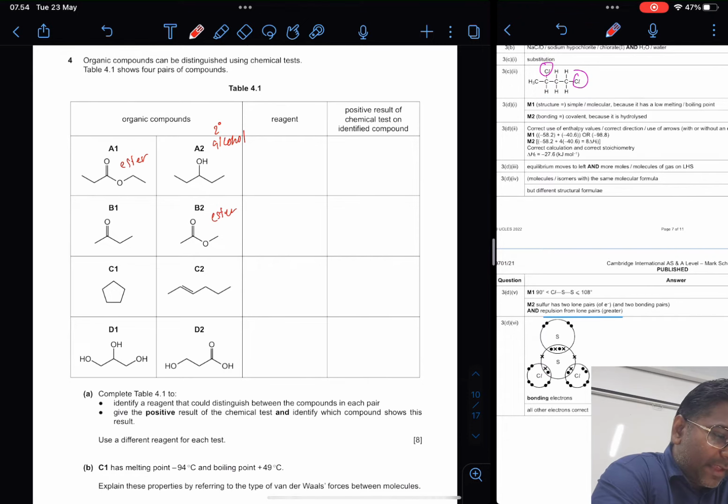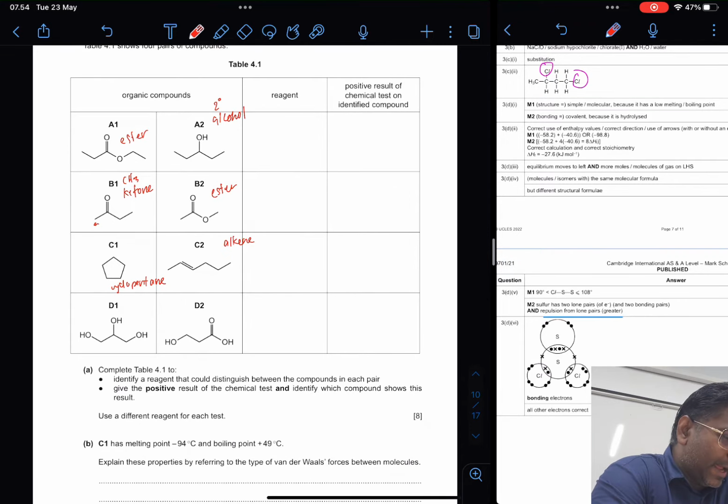And here this is ester. This is going to be a ketone, but this ketone is special because it has the CH3 group over here. This is going to be cyclo 1 2 3 4 5, cyclopentane, so basically single bonds. Then we have this one, alkene.